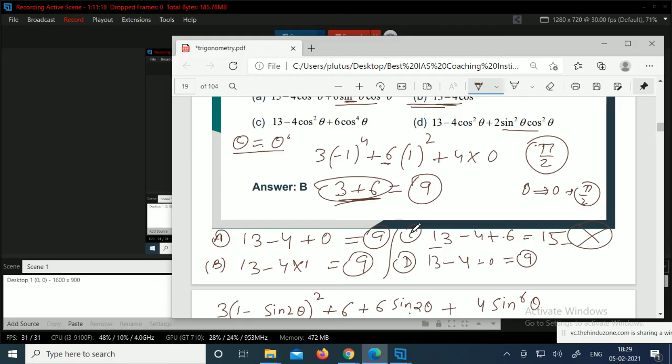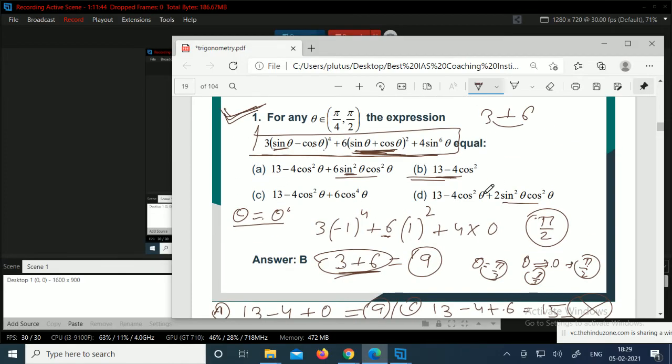If I change the value of theta from 0 to 90, pi by 2, we can eliminate other options too, in a similar way. Or we can also choose a value like pi by 3, 60 degrees. So we can compare and eliminate options. We can easily find the correct option by eliminating the options. We can choose a suitable value of theta like pi by 3, because here the hint is given to us.